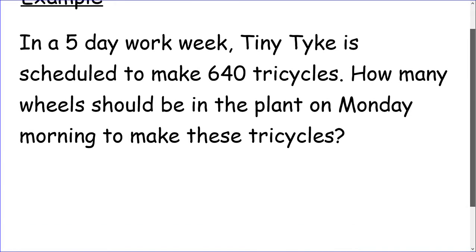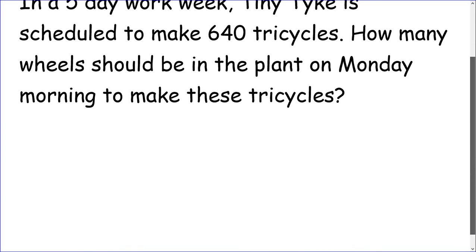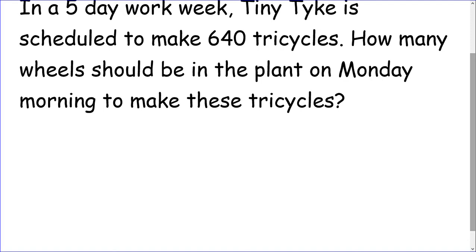All right. So if we started off, we know what we're looking for. First we'll write it out using the words that we've seen from before. So we have 640 tricycles. And in each tricycle, here's where we need to set up that chemistry part. So we have tricycles, and then what I need to see is how many wheels. So I need to cancel tricycles out.